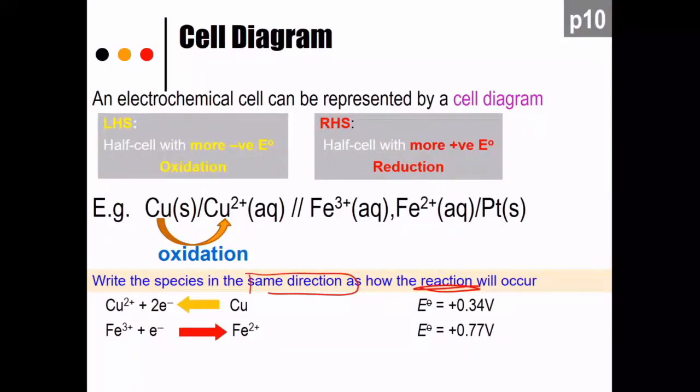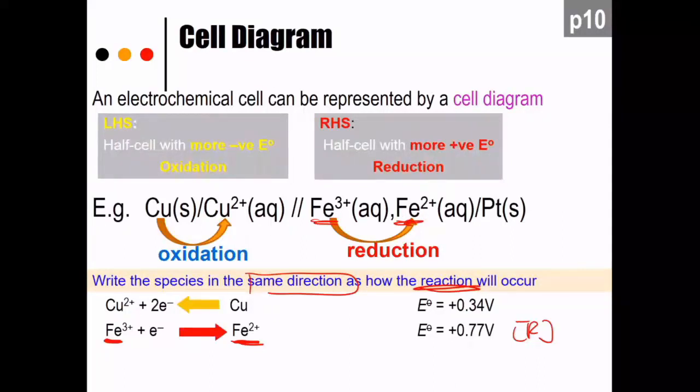Similarly, for your reduction half cell, it must show a reduction reaction. So when you continue to read from left to right, it must show reduction. At your reduction half cell, Fe3 plus is reduced to Fe2 plus. So therefore, Fe3 plus comes first, then it's reduced to Fe2 plus.